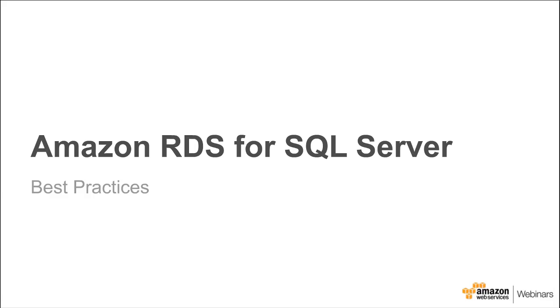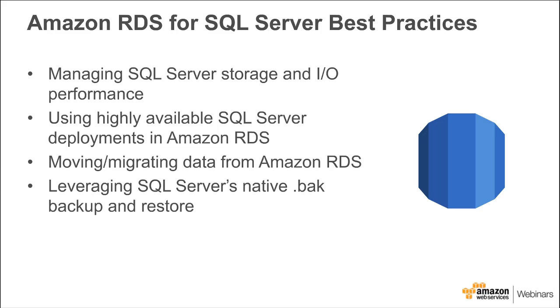Now, a lot of the recommendations above involve OS-level access. In RDS, because it's a managed environment, you don't have that level of access. We fully handle engine and instance configuration for you. And as with EC2, managing storage performance is also key for deploying SQL Server using RDS.